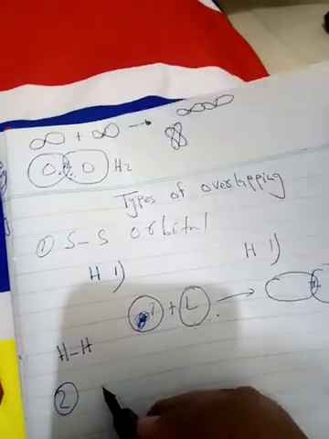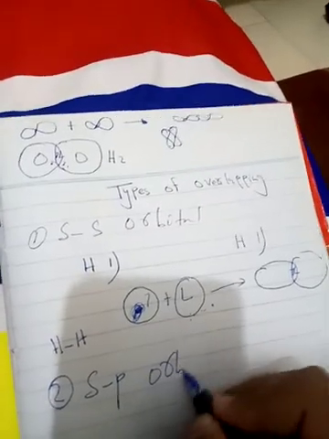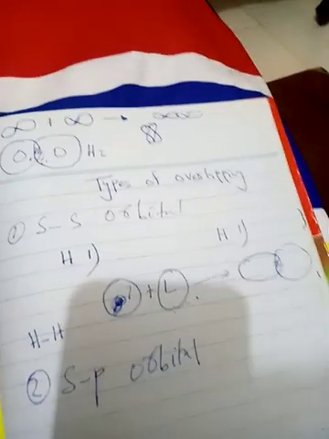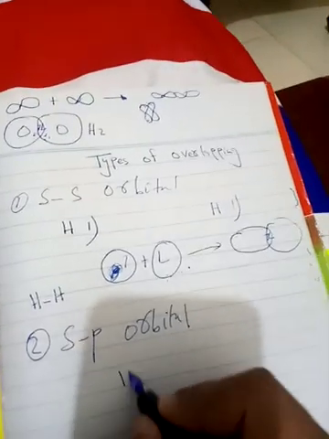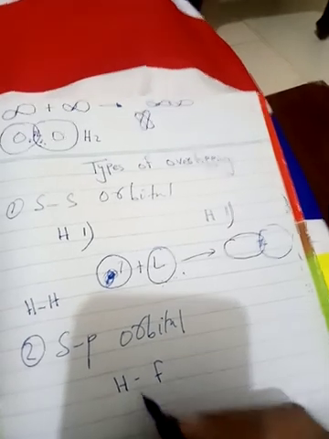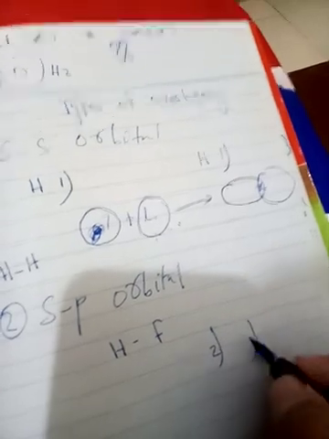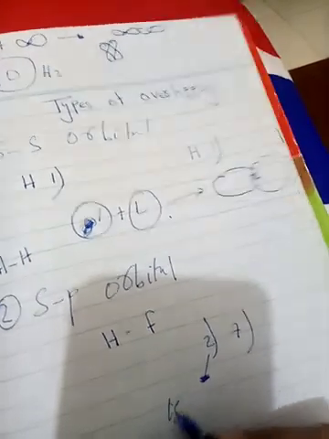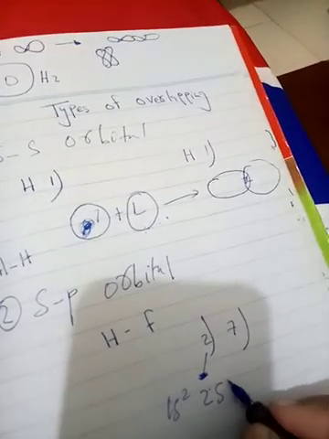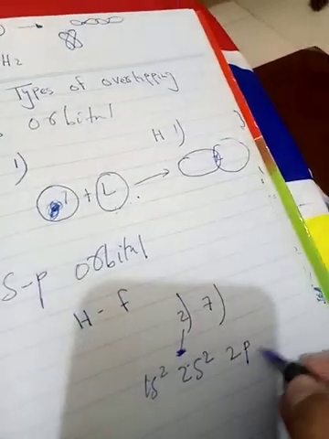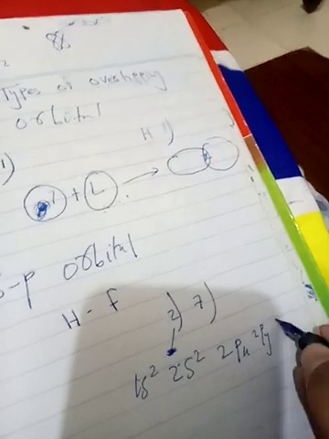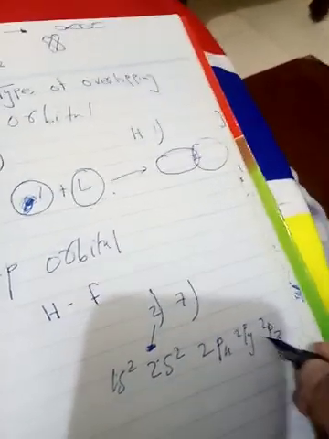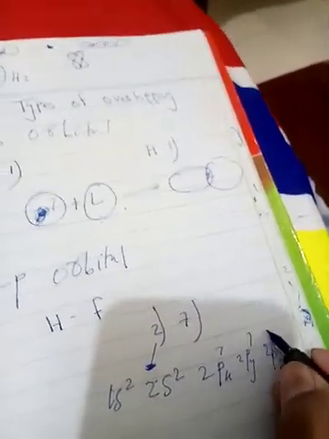And then we have sp orbital overlapping. Here we take the example of hydrogen fluoride. Fluorine has atomic number 9, so the configuration will be 2, 7. Let's look at the electronic configuration: 1s, 2s, 2px, 2py, 2pz. According to Hund's rule, we have to fill it one by one: 1, 2, 3.